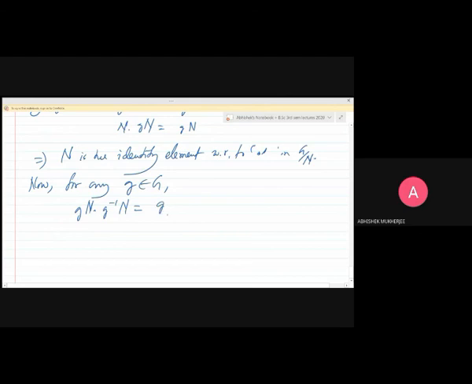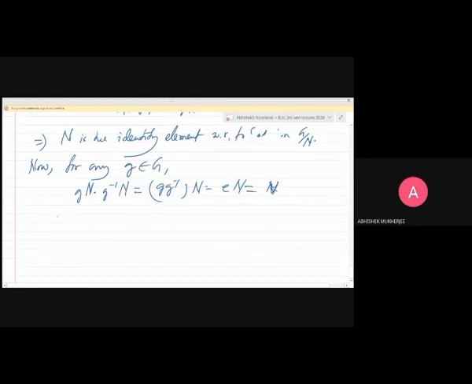Then it will give you g g⁻¹N, and g g⁻¹ is the identity, so it is N. So the product of gN with g⁻¹N is the identity of the operation in the set G/N.